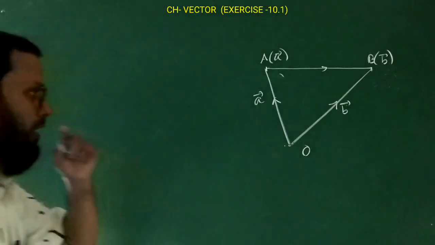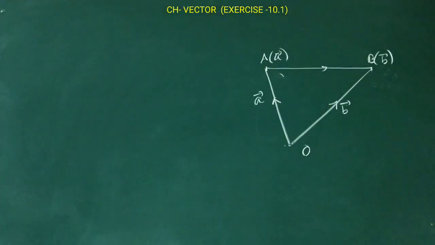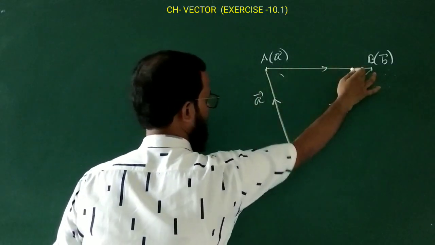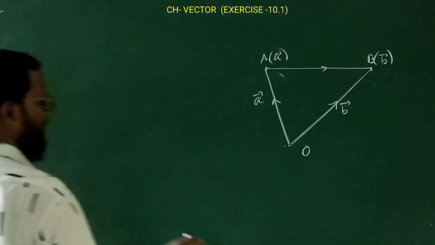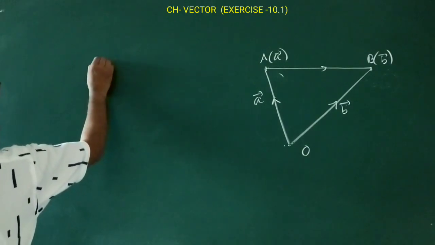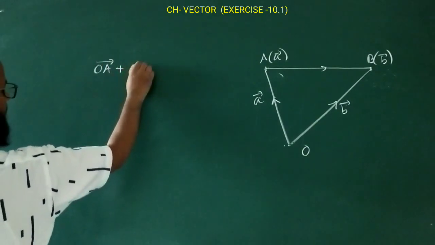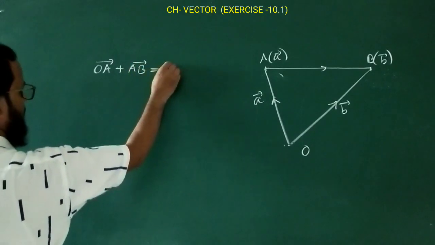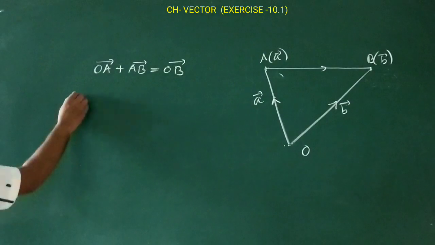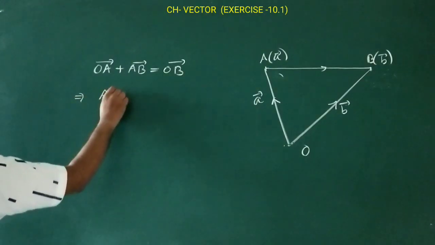Understood? Now you can apply the vector law of addition. Using the vector law of addition, this vector plus this vector has a resultant, this vector. Okay, by vector law of addition you will get OA vector plus AB vector equal to OB vector. Yes or no? Then finally you can write AB vector. Your need is to find AB vector.